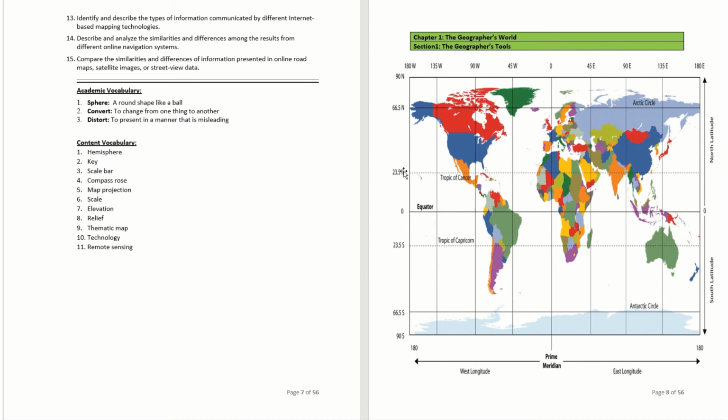Another imaginary line you can see in the northern part is a latitude line at 23.5 north, the Tropic of Cancer. Similarly, the same measurement of latitude in the southern part is the Tropic of Capricorn. Another latitude line is called the Arctic Circle, at latitude 66.5 north. Similarly, the south has the Antarctic Circle with the same measurement, latitude 66.5 south.